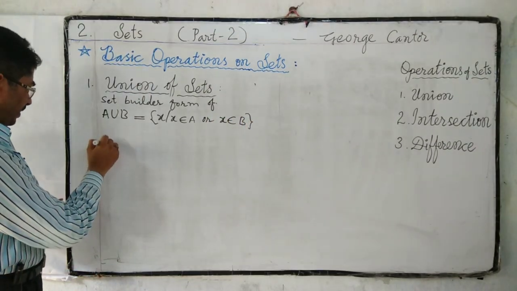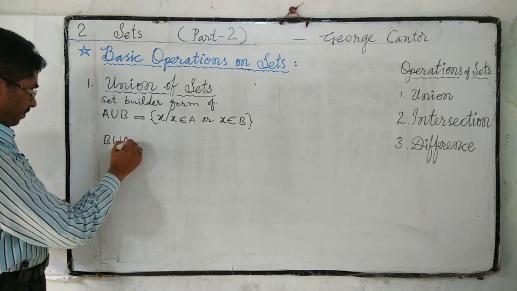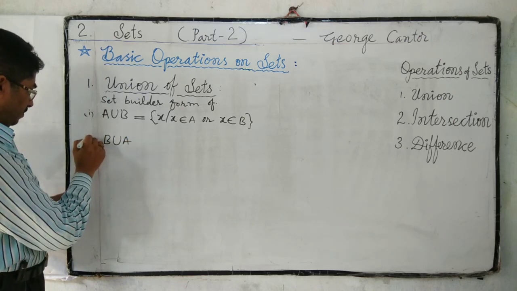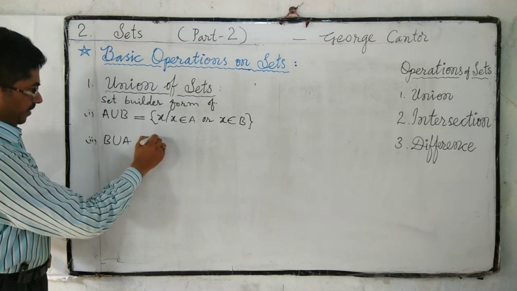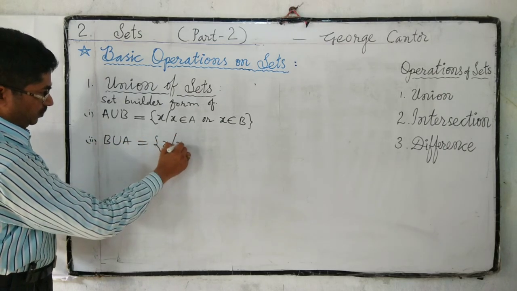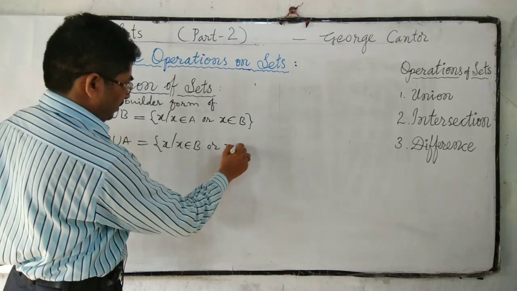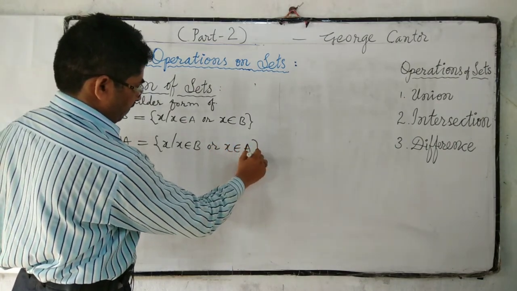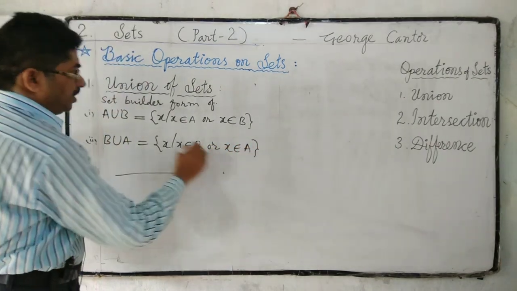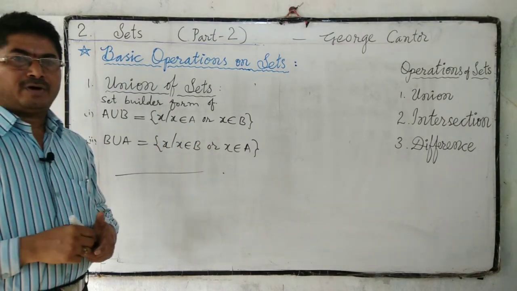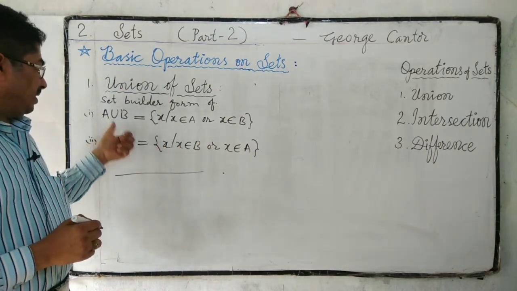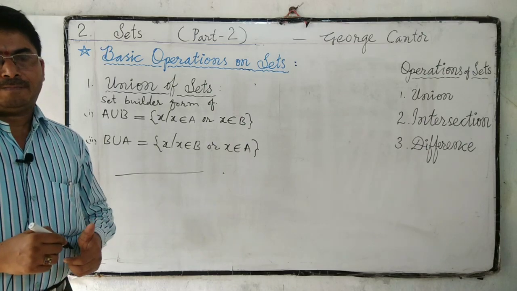Now B union A is {x such that x belongs to B or x belongs to A}. So these are the set builder forms of A union B and B union A.